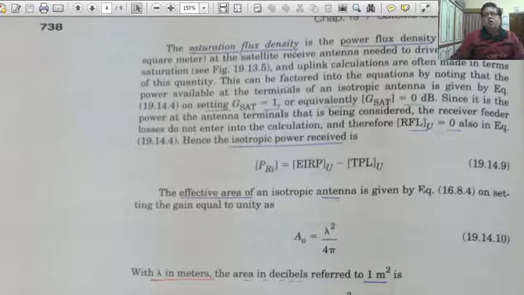This can be factored into the equations by noting that the power available at the terminals of an isotropic antenna is given by equation 4 on setting Z set equal to 1 or equivalent to Z set equal to 0 degree, since it is the power at the antenna terminals that is being considered. The receiver feeder losses do not enter into the calculations, and therefore RFLU equal to 0. Hence, isotropic power received is PRI equal to EIRPU minus TPLU.